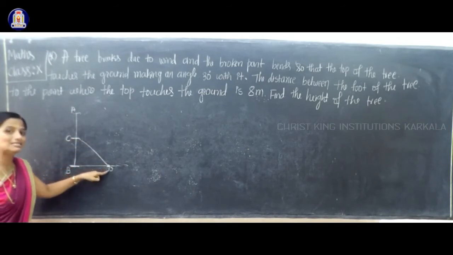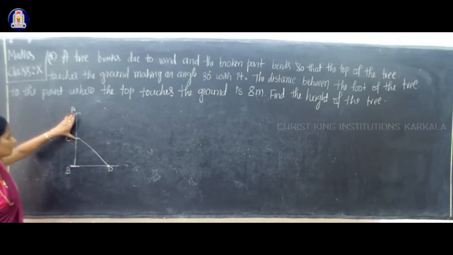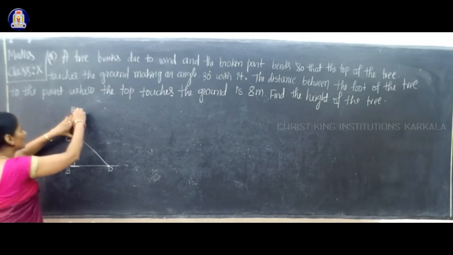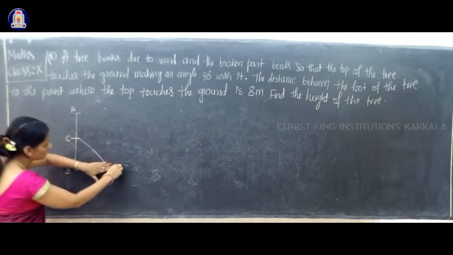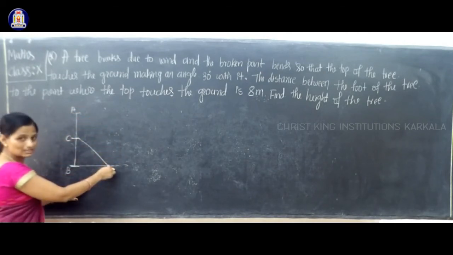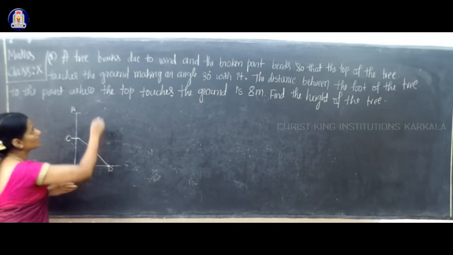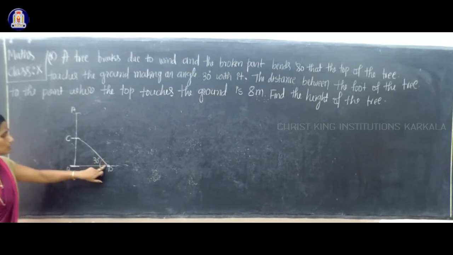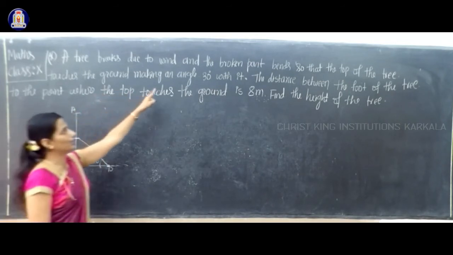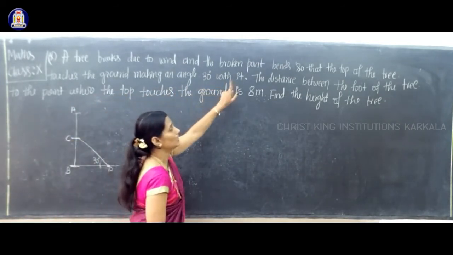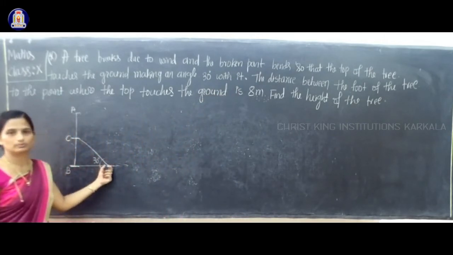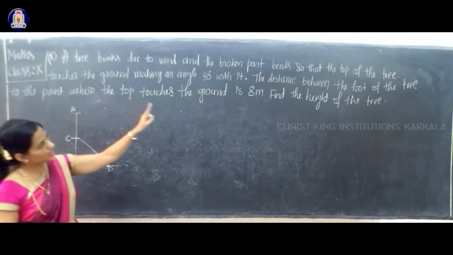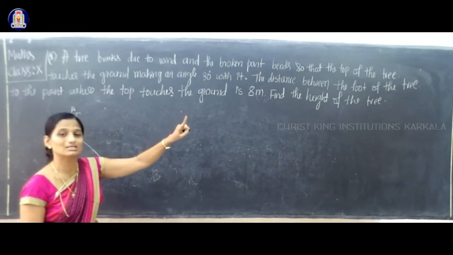Why is it equal? This part is broken, and that broken part which touches the ground, CD touches the ground, and it makes an angle of 30 degrees with the ground. Clear this? Yes. Now what is given?